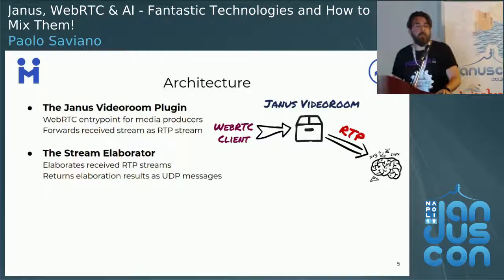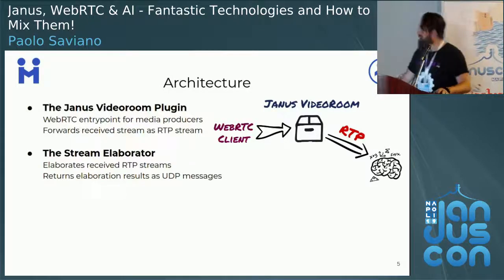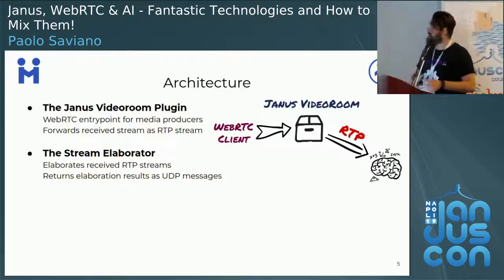Those RTP streams will flow into a second component, which is the stream elaborator. This is the real core of the project. It receives the RTP streams, elaborates them, and finally sends the results back to a third component using a UDP channel.